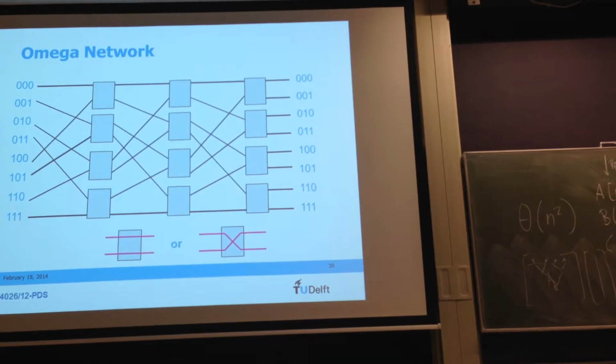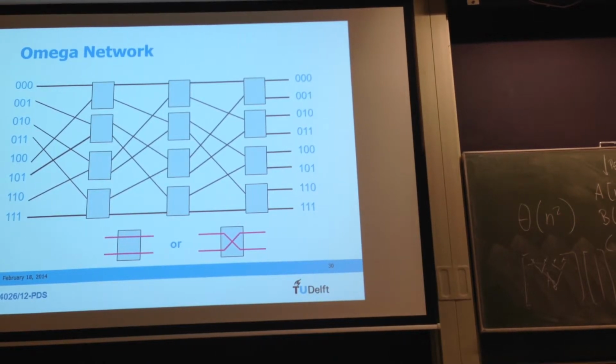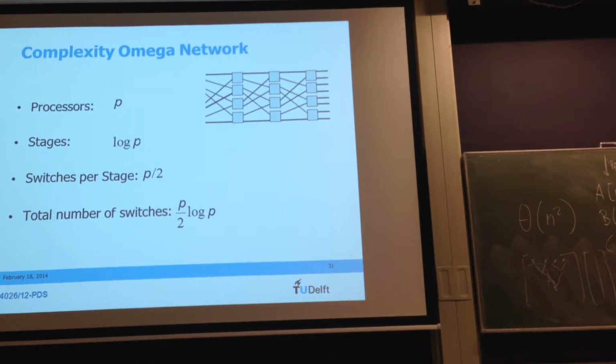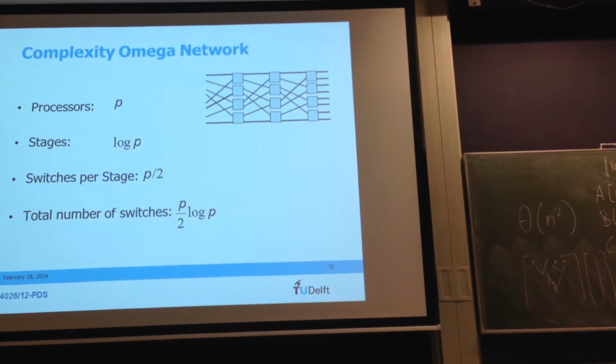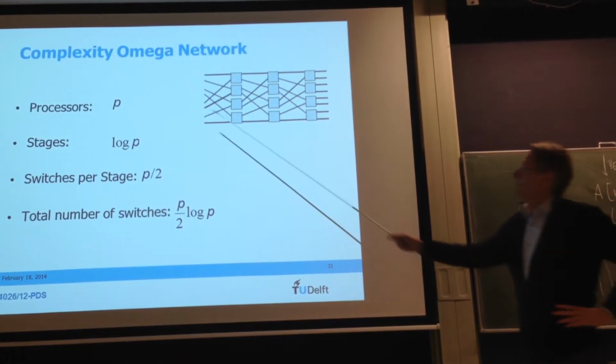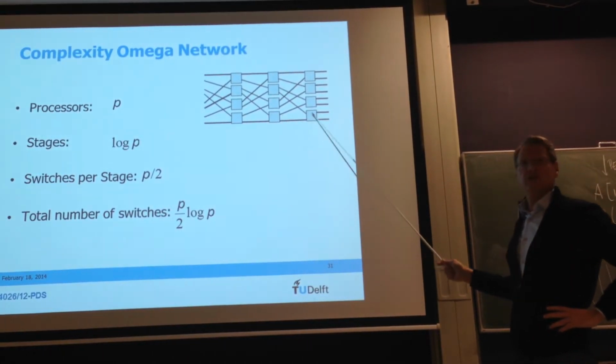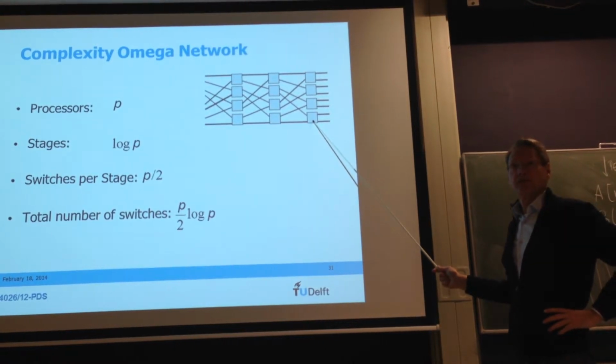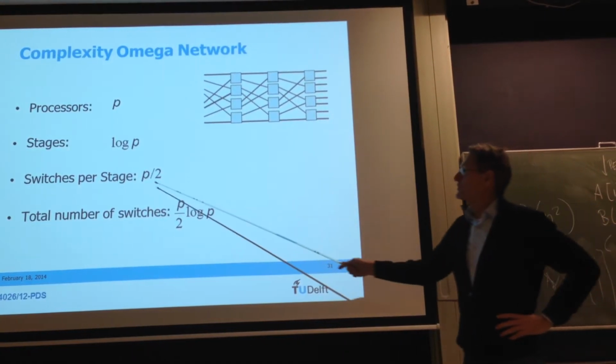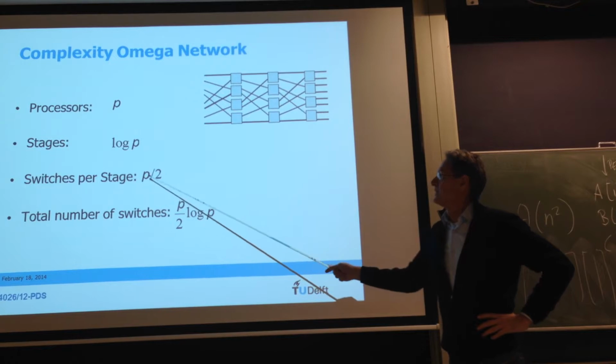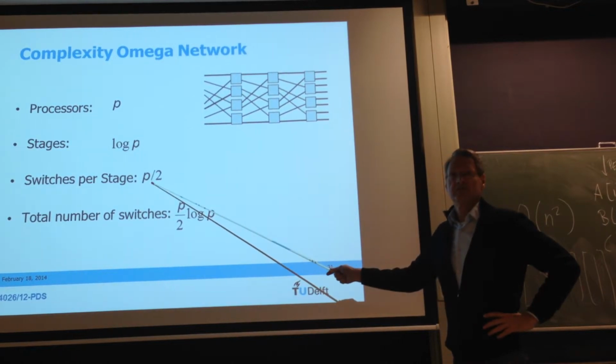It's not that bad because there are a number of nice properties here of this network. If we do the analysis, you only need for P processors log P stages, right? And the number of switches per stage is P divided by 2.